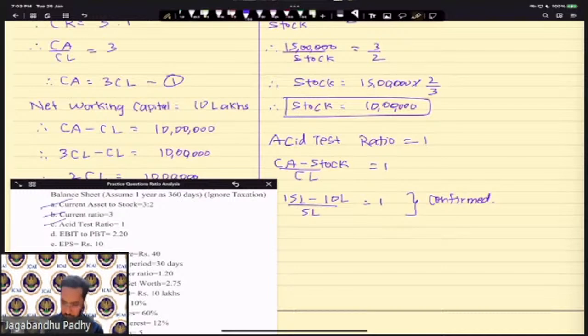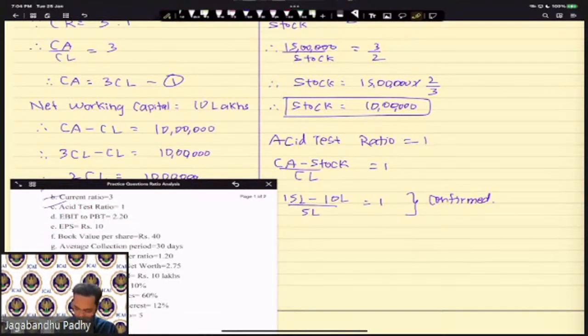Then next is EBIT to PBT. Again, it's of no use to us because we don't know EBIT or PBT, so we can't calculate anything. EPS is 10. Book value per share is 40, which is going to be a really important number for us, so just keep it in mind. Average collection period is 30 days, for which we'll have to take help of the turnover.